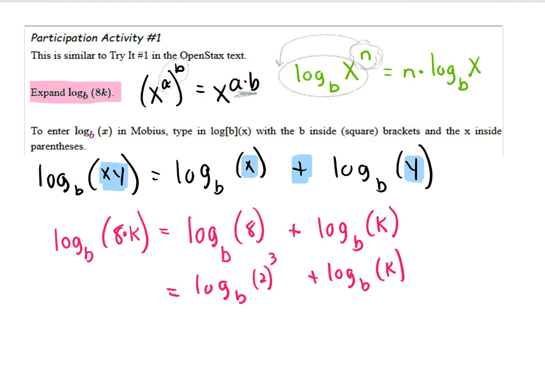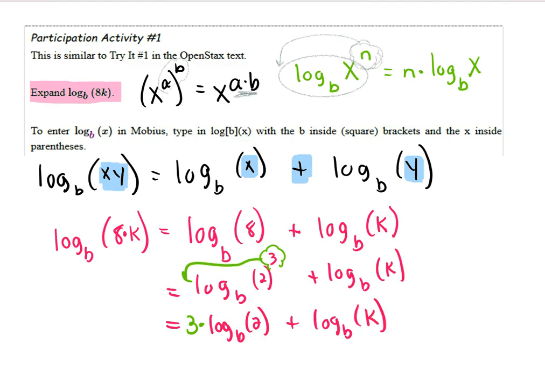So down here, you're going to take this 3, and it is going to go out in front as 3 times log base b of 2 plus log base b of k. And that should be my final answer.